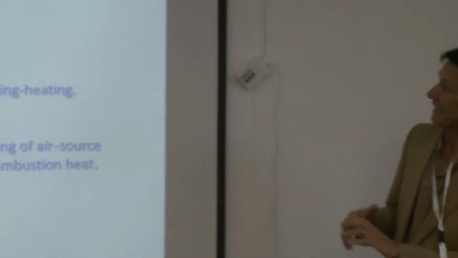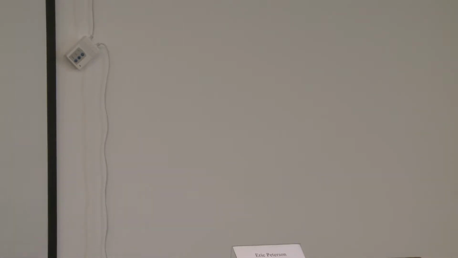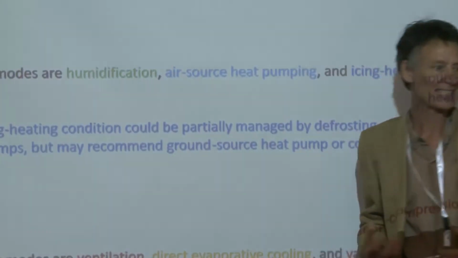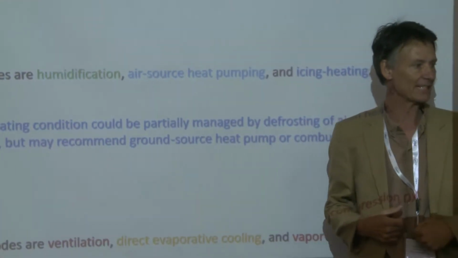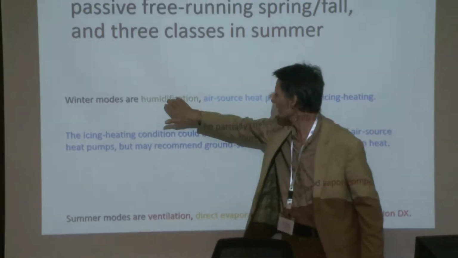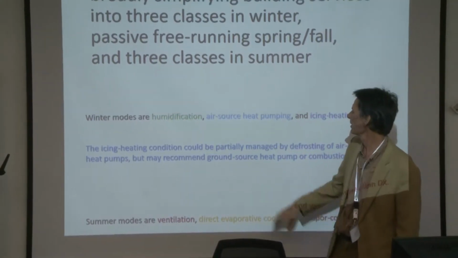So broadly, just being crude here, I've got these three modes of going into the hot and three modes going into the cold and zero in the middle. The winter modes are, it's very rare, but in a few cases it seems like you need to simply humidify. You don't need to add heat, you just need some really dry conditions. So it's possible that there could be this first mode in winter.